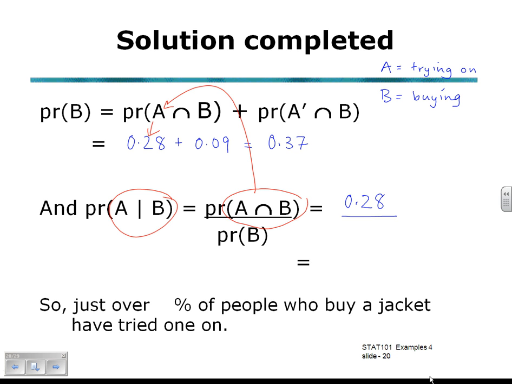Remembering to divide by the total probability of B, which we've just calculated at 0.37. So our conditional probability of A given B works out to be 0.7568. So to complete the question, putting it in context for this problem, just over 75% of people who buy a jacket have tried one on.